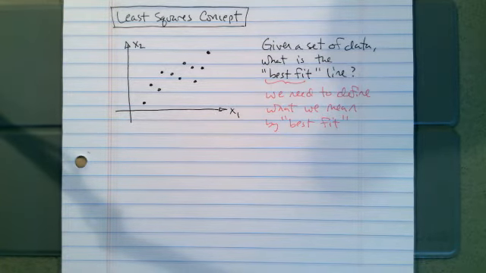The least squares refers to the sum of the squares of the differences between a model line and the actual data. So we'll look at the sum of the squared differences. The least squares line.